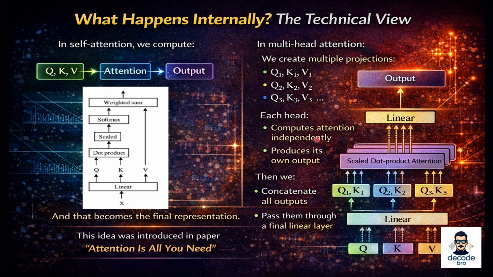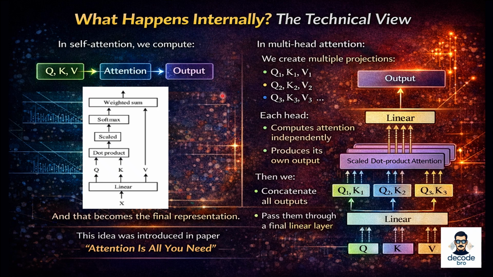They all look at the same words, but they don't look for the same things. One head might strongly connect "it" to "animal." Another might focus on the causal relationship created by "because." Another might emphasize the overall sentence structure. Instead of forcing one mechanism to understand everything, we allow specialization, and that dramatically increases expressive power.